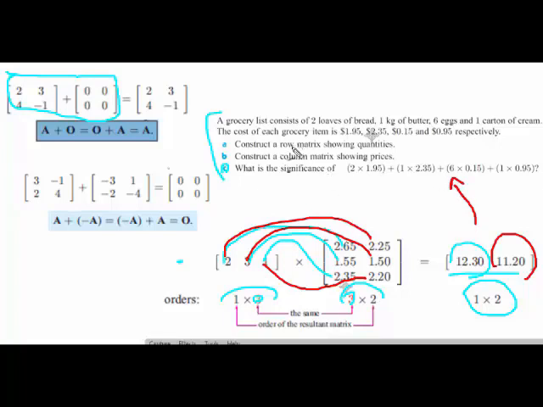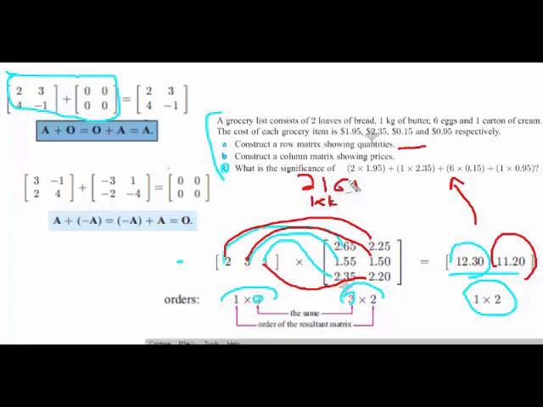Perhaps now you can see that earlier on was an example of matrix multiplication, because we have a row times a column matrix. The matrix that you would have written back in part A, a row matrix, would have been 2, 1, 6, 1, and that is a 1 by 4.